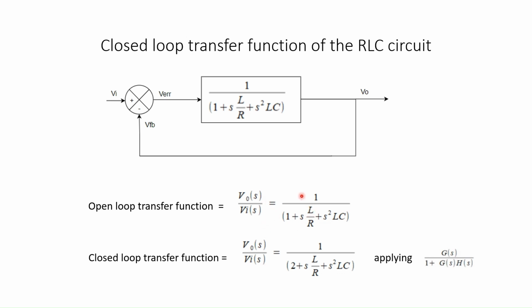This is VO by V error, that is, the transfer function of the LCR circuit, which we have already shown. And the closed loop transfer function VO by VI is given by, as mentioned earlier, G(S) divided by 1 plus G(S)H(S), which is 1 over 2 plus 1 S by LR plus S square by LC.